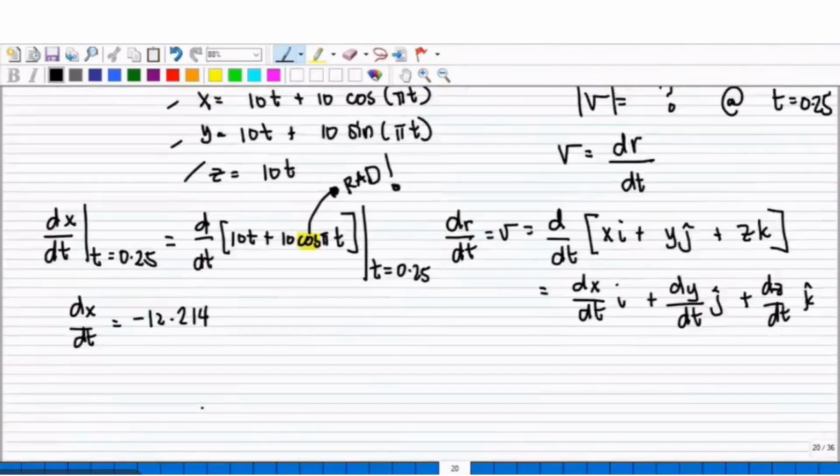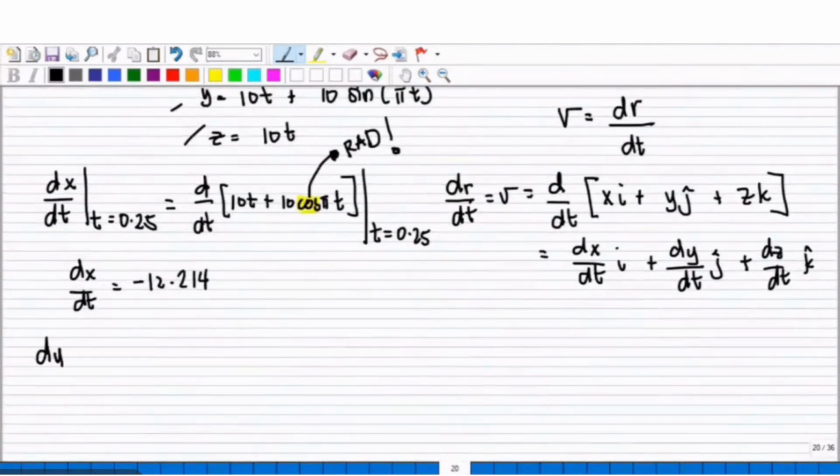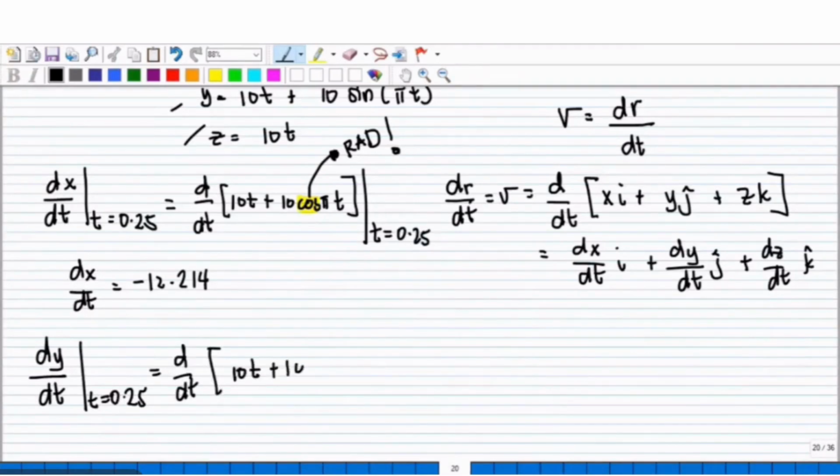Next is dy/dt at time t equal to 0.25. So, d/dt lang po ng y. Ano yung y natin? 10t plus 10 sine pi t.